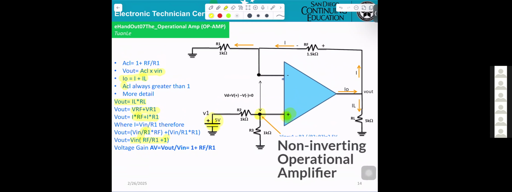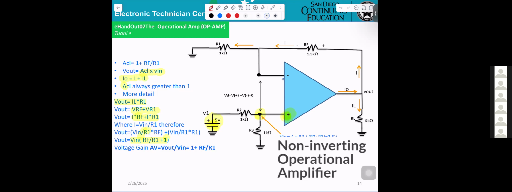basically, at this point, you get 5 volt and you get R2, R3. Then you have to use the voltage divider to calculate the V here.